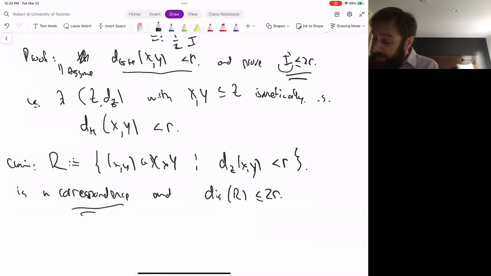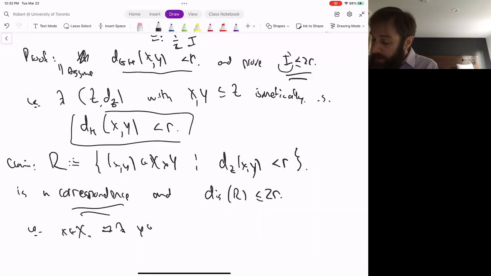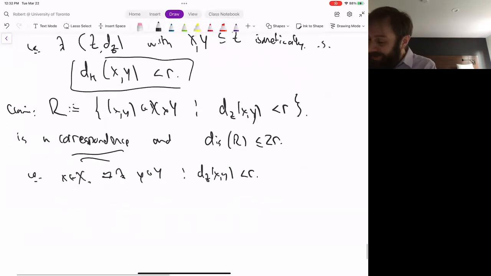So it's a correspondence because whenever I take any point in X, because the Hausdorff distance tells me I can find a y in Y such that d_Z of x, y is less than r.